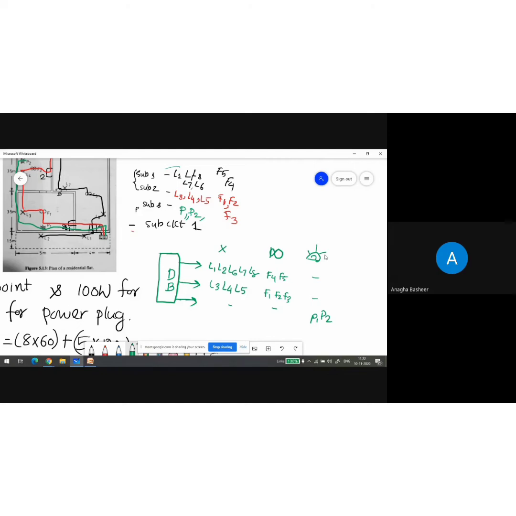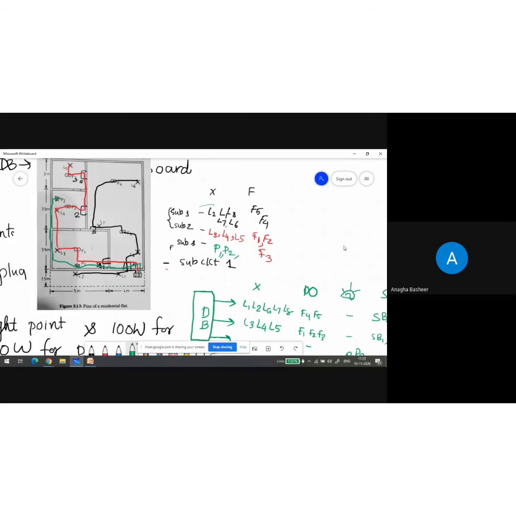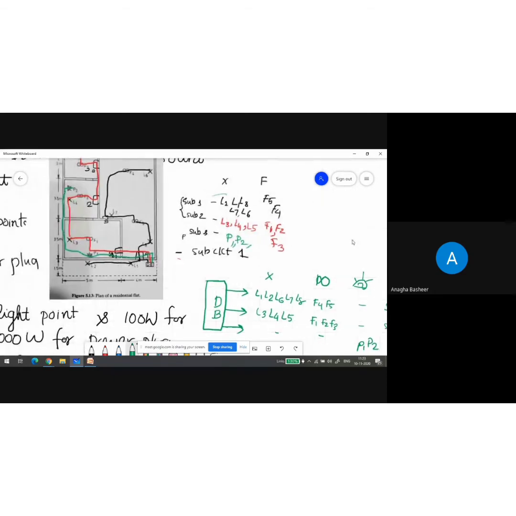See, next is switchboard. Here SB4, SB5. This is switchboard 4 and the top one is switchboard 5. Here SB1, SB2, SB3. Do I have to repeat this? The video is also there, so just go through that video.